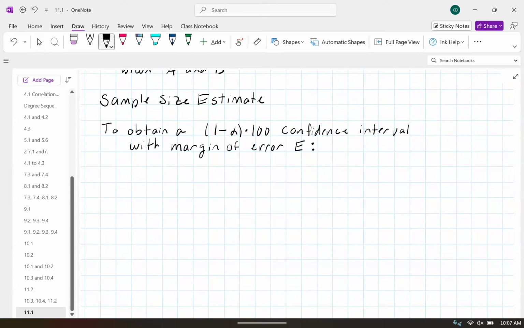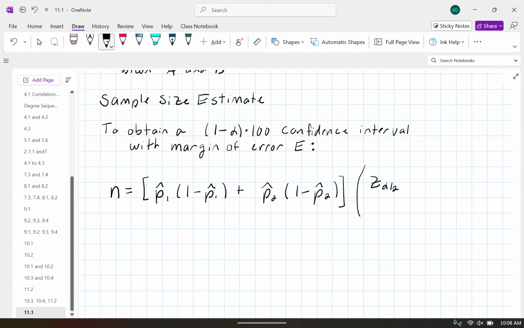We're going to say the total number in our sample needs to be P1 hat (1 minus P1 hat) plus P2 hat (1 minus P2 hat), times Z alpha over 2 over our error rate, squared.